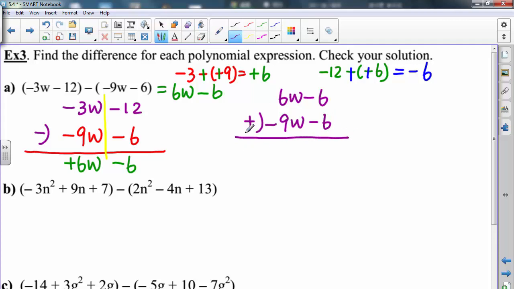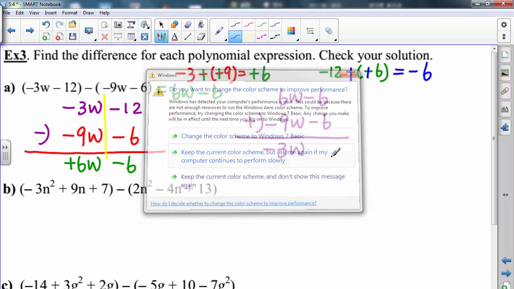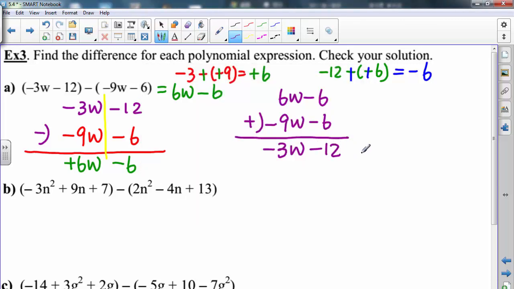Positive 6 plus negative 9, it's negative 3w. Negative 6 plus negative 6, it's negative 12. It's exactly the same as the first polynomial in the subtraction. So that means my difference is correct.